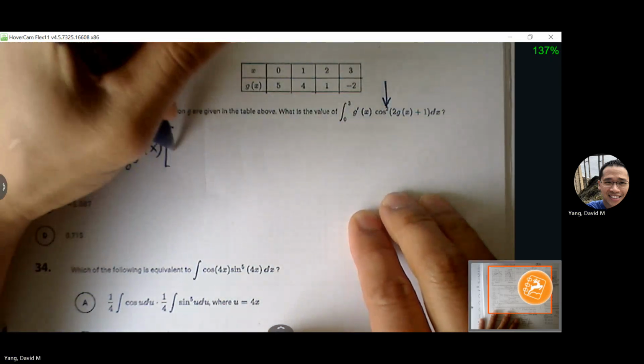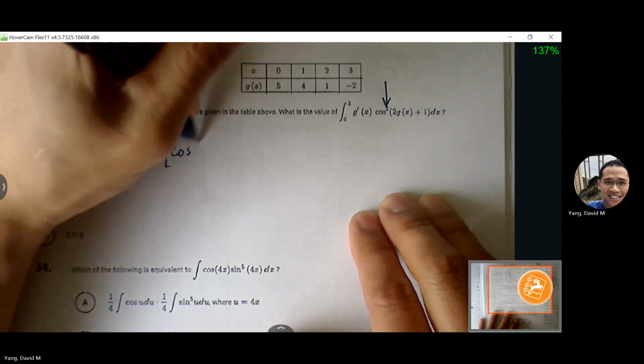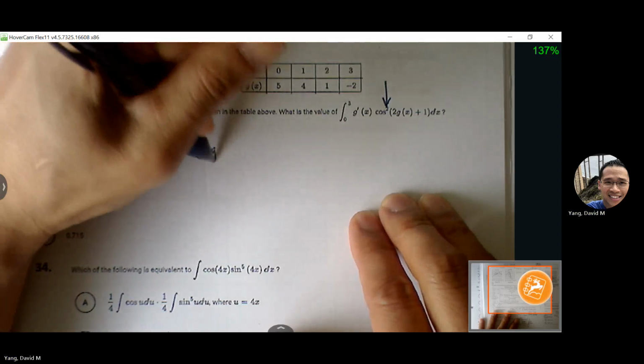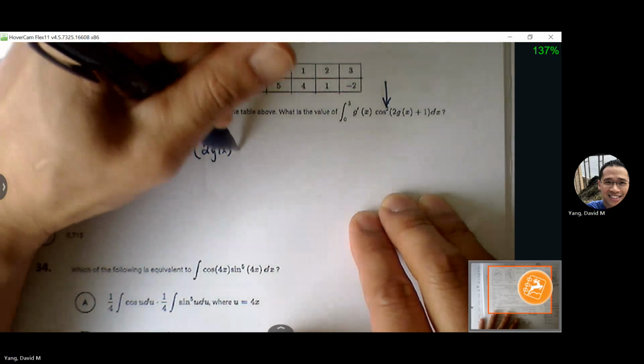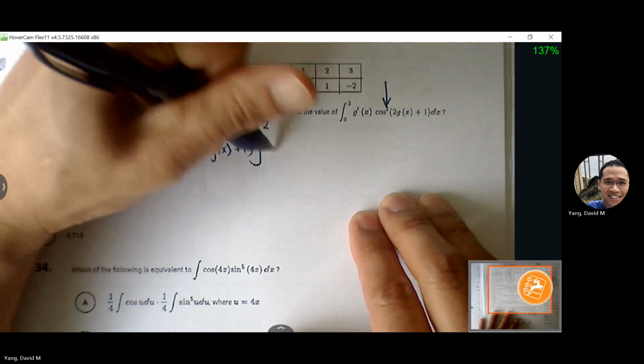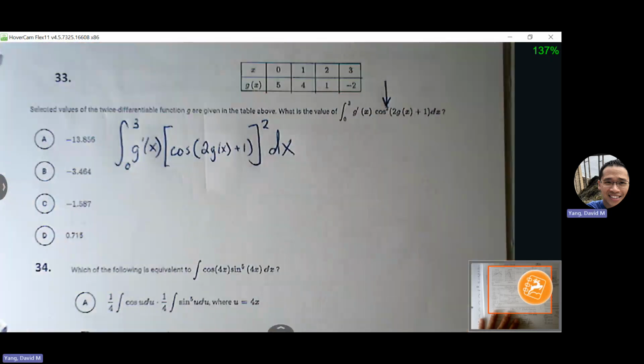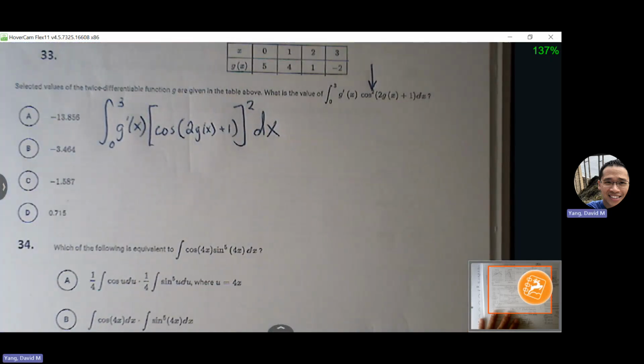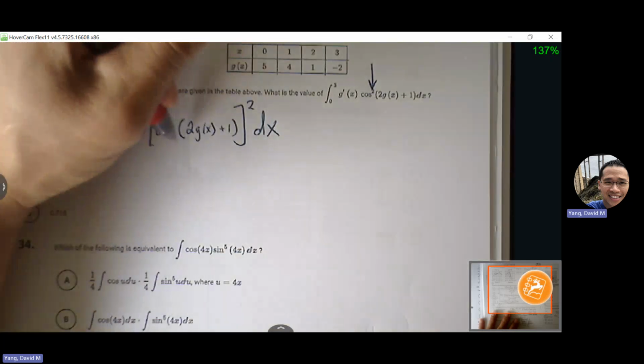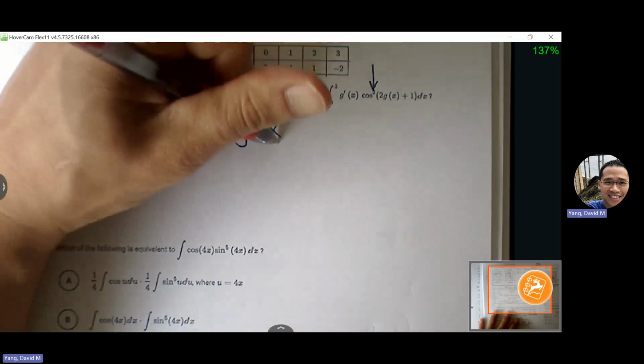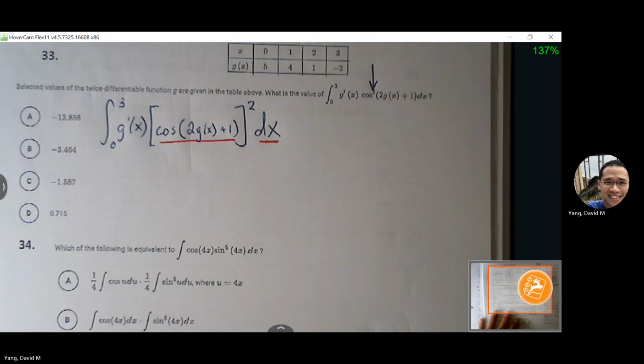Put it outside. The reason that's helpful is that it's a lot easier for us to identify, oh wait, that's my u value. And then I will go through u substitution and see where that takes me.